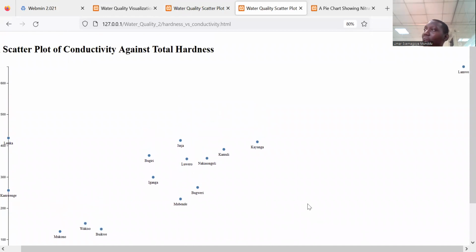So as a person who's doing business, for example, of soap, you know that if people are really mindful that they want their clothes to be clean, you might be selling more soap in Lamo as compared to what you were selling in Mukono, because in Lamo the water is really hard.